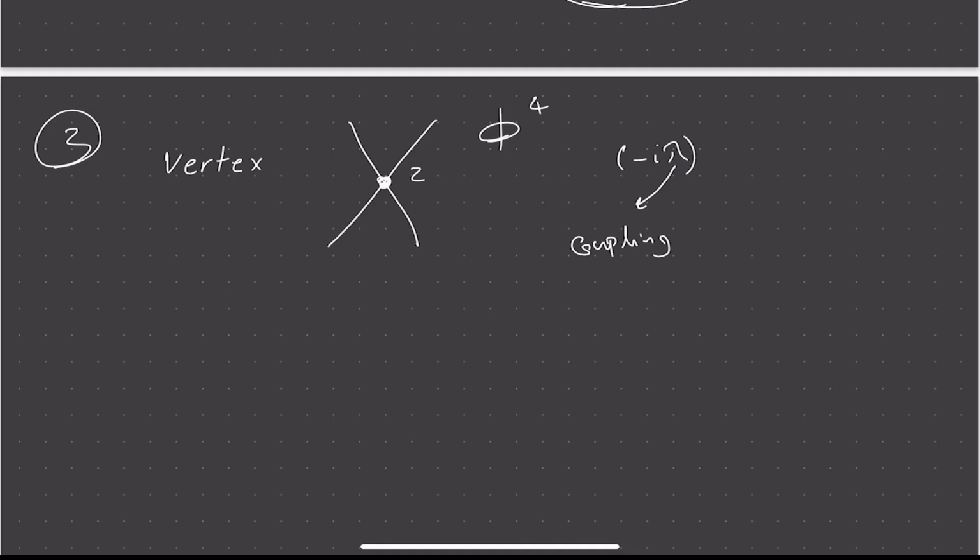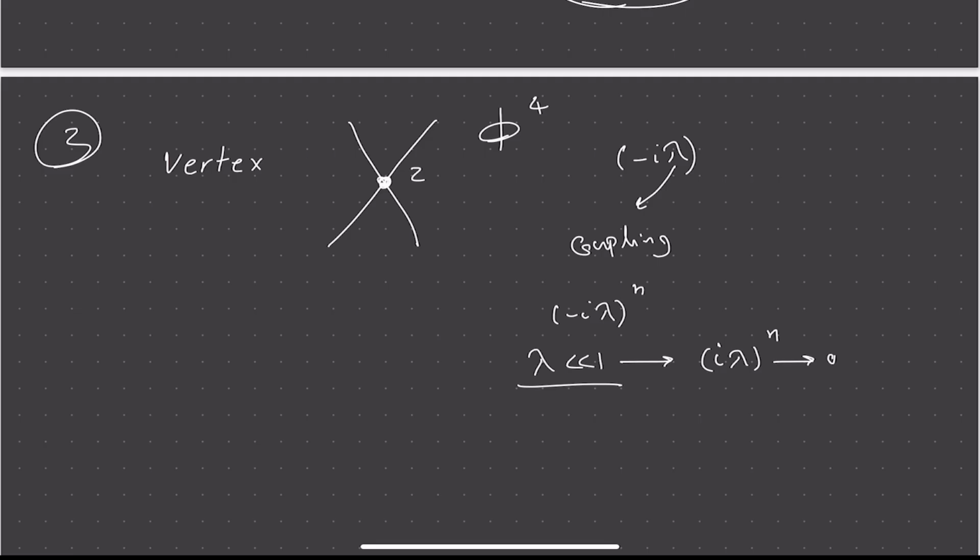And again, it's important to know that if we have more vertices, these lambdas are going to be repeated more and more, and then you're going to have minus i lambda to the power of n. And if lambda is much smaller than 1, or if we really have a perturbative theory, then these terms are going to go to 0. So minus i lambda to the power of n basically eventually approaches 0, and that basically reduces the contribution of the possibilities that have so many vertices here.